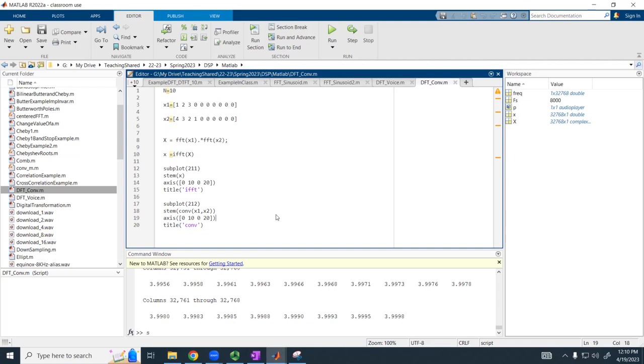I padded them with zeros. I'm going to calculate the convolution of x1, x2 in one graph. And in the second graph, I'm going to calculate the DFT of x1 multiplied by the discrete Fourier transform of x2. Then I'm going to take the inverse discrete Fourier transform and put it in x. I'm going to plot them, and as you would expect, both of them are going to give me the same results.